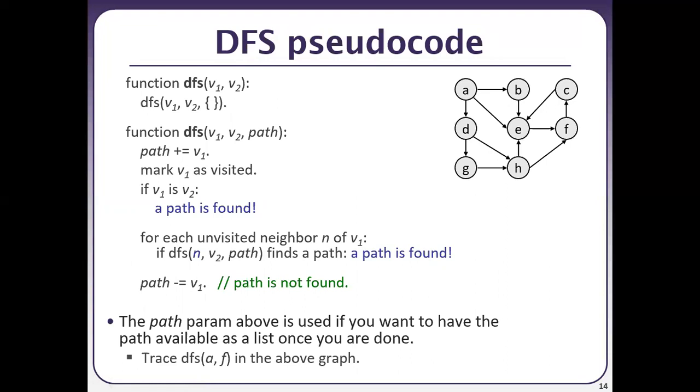The pseudocode will contain the parameters V1 and V2. So it will recursively call the function and we will find the path. We will be visiting each node in the graph and traveling in depth until we find the adjacent node at the last.